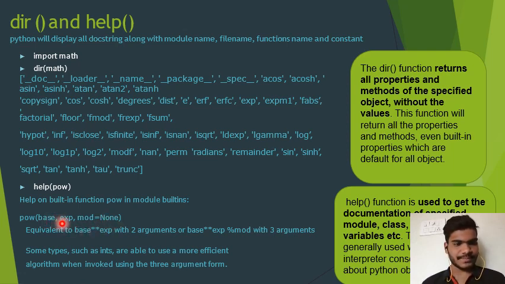Base exponent is equivalent to base double star exp with two arguments, or x double star exp modulus with three arguments.